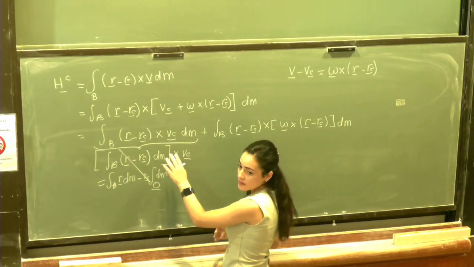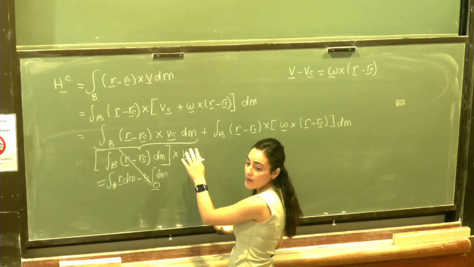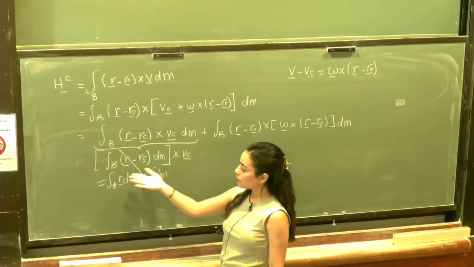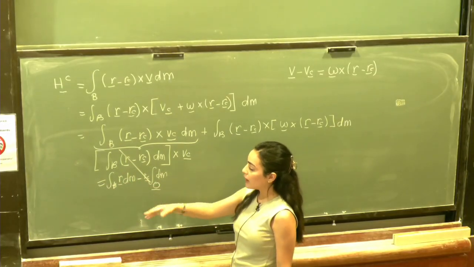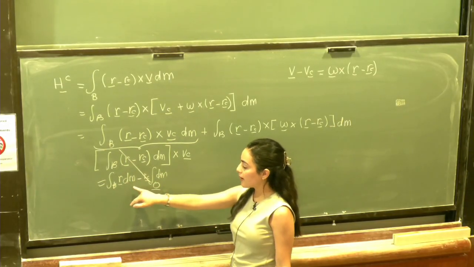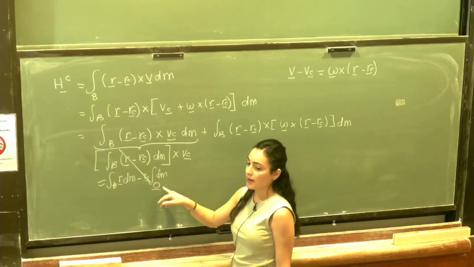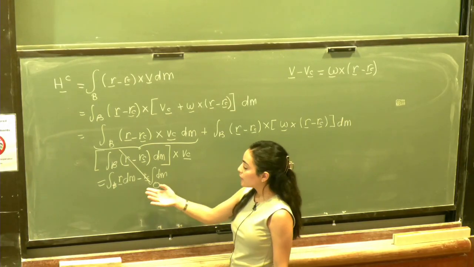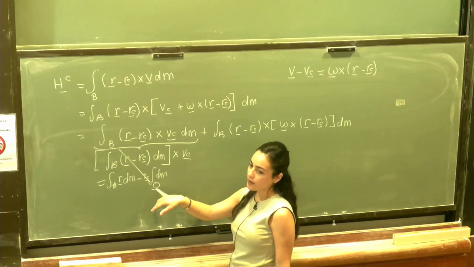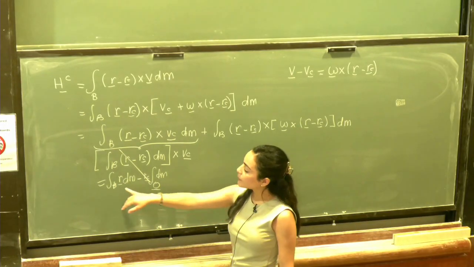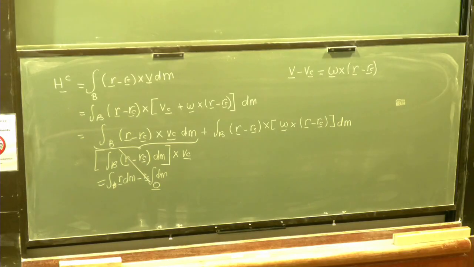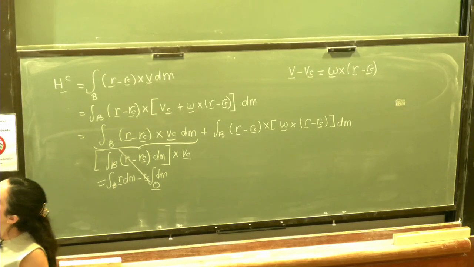VC, the velocity of the center of mass, does not depend on the particular dm I'm considering, so I can take it outside the integral. Then I'm left with this term, R minus RC dm. I will expand it. It's the integral of R dm minus the integral of RC dm. Again, RC does not depend on dm, so I can take it outside. So RC times the integral of dm is RC times the total mass. What about the integral of R dm? The integral of R dm is RC times the total mass. It's the top equation.